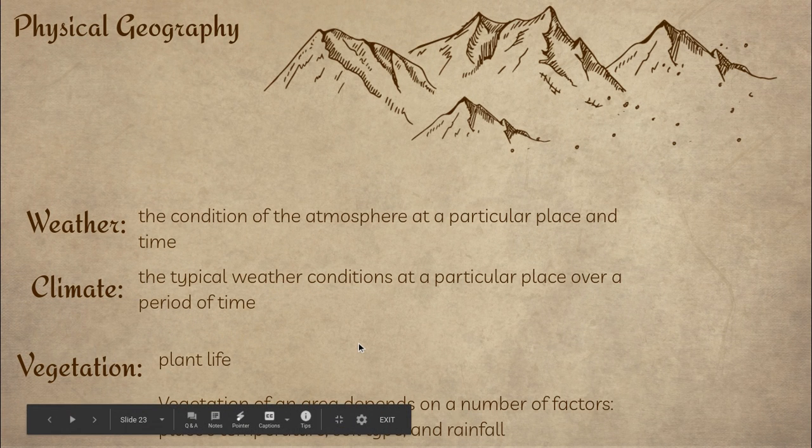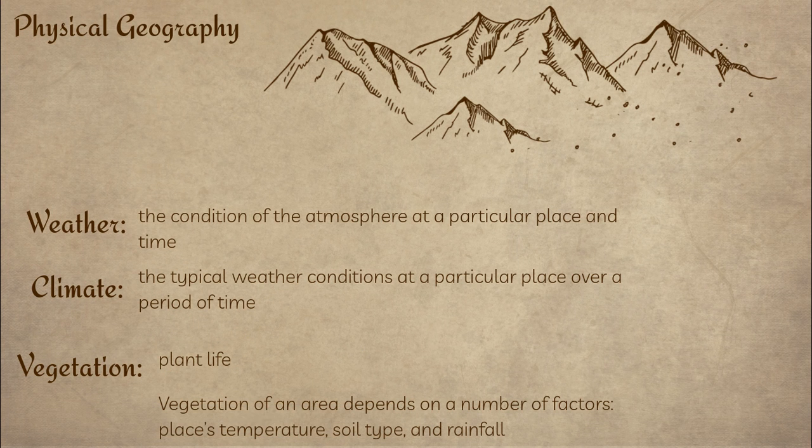Vegetation is plant life. So what type of plant life is able to grow in a place? Vegetation of an area depends on a number of different factors. A place's temperature, soil type, and rainfall all contribute to what type of vegetation can grow in an area.